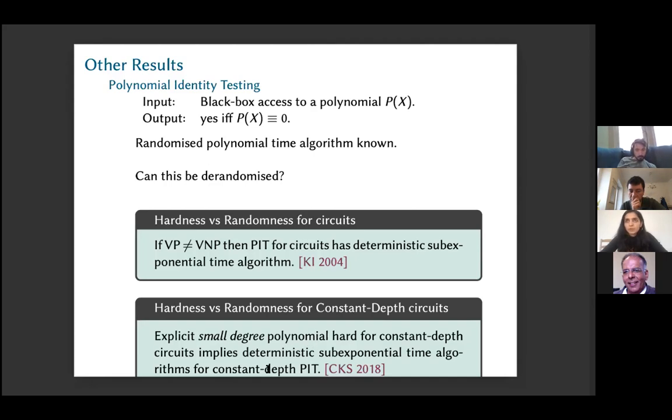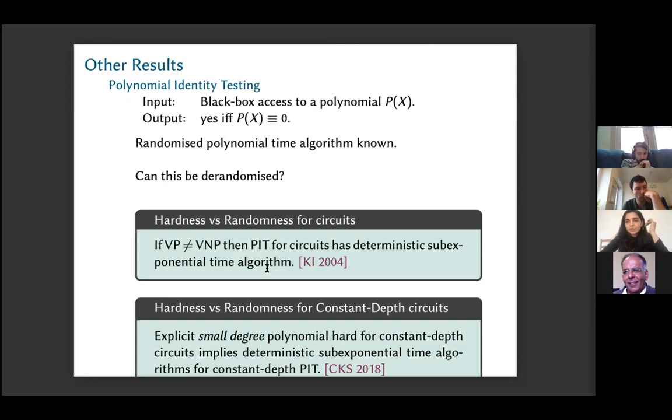Maybe it's a bit of a mouthful. Let me repeat. Cabanets and Impagliazzo say that if you are able to show that there is a hard polynomial not computable by general circuits, general VP, then the polynomial identity testing question for that class, in this case general VP circuits, becomes easy.